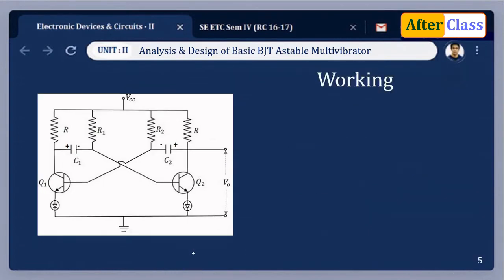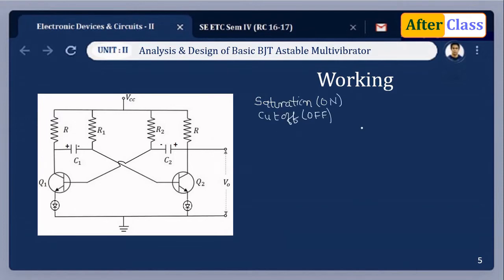Next, I'll discuss the working of this transistor circuit. When the circuit is switched on, one transistor will be driven into saturation, that is the on state, and the other will be driven to cutoff.